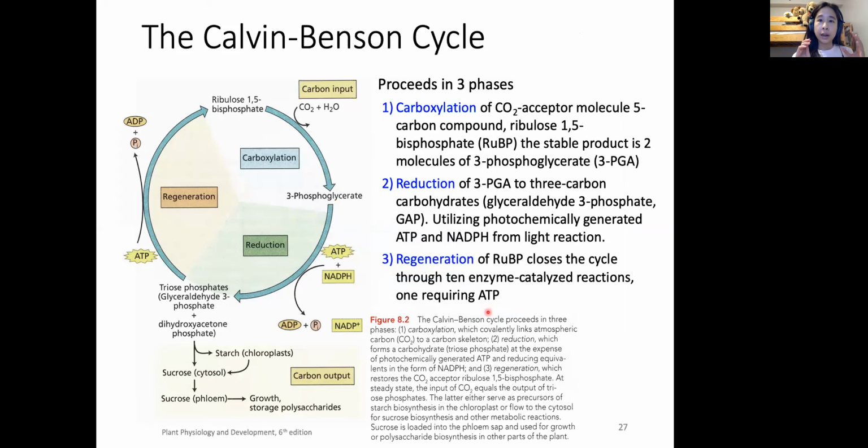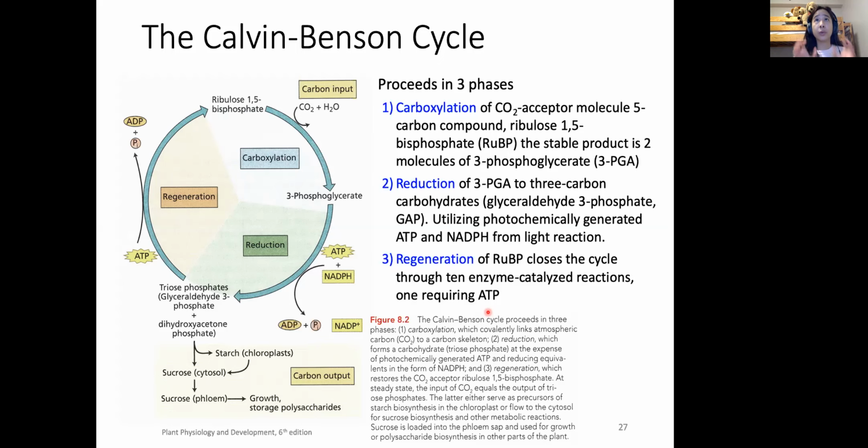So carbon reaction is basically the Calvin-Benson cycle. We have three phases. Actually, in your previous knowledge, you may know it as just the Calvin cycle, but later it's better to call it Calvin-Benson or Calvin-Benson-Bassham cycle, because later people discovered that it's not only Melvin Calvin who discovered this cycle, but his colleagues also made a lot of contribution, and he's Benson.